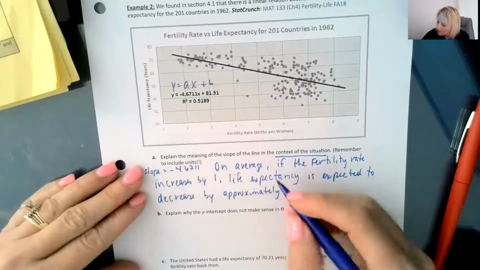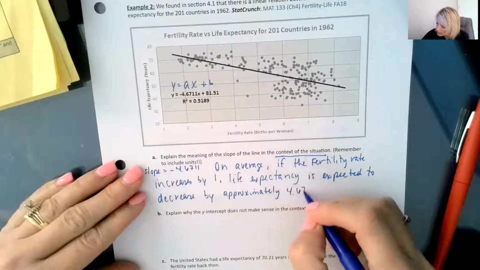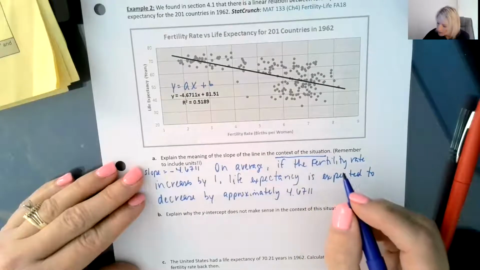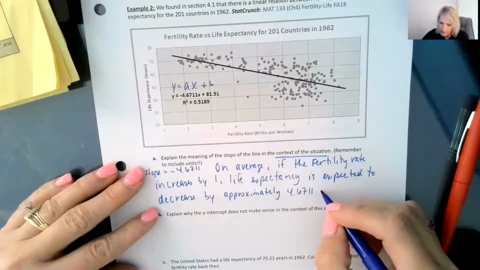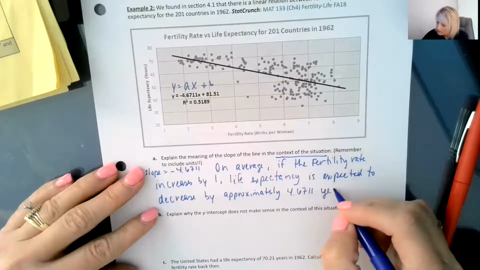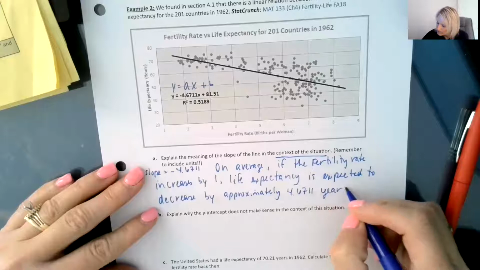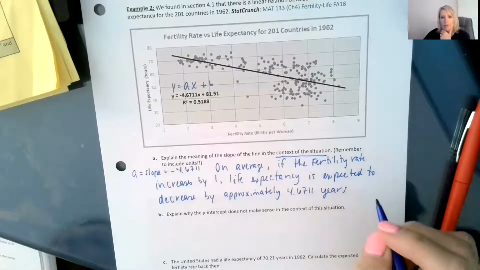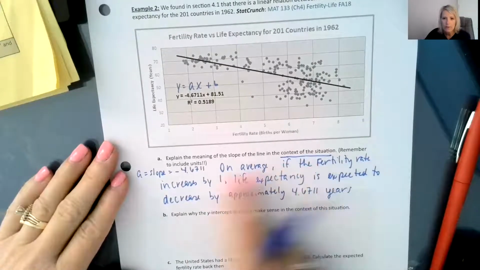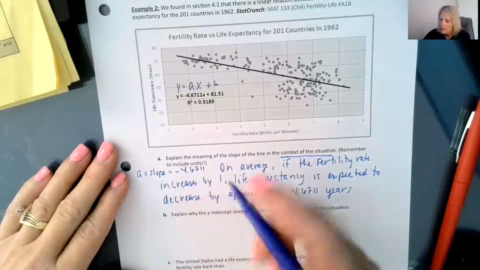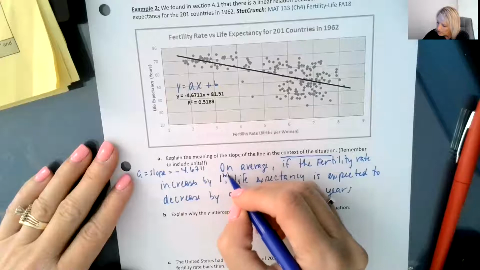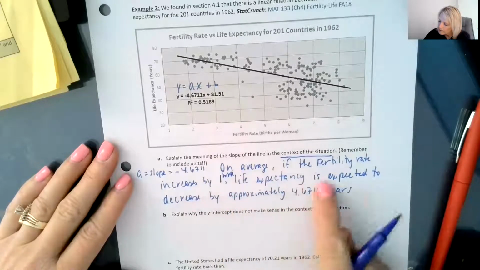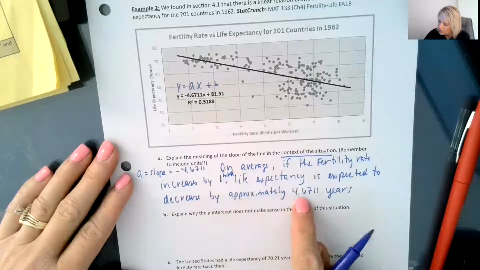We're just going to write 4.6711, and then we have to use units, which is years. So on average, if the fertility rate increases by 1, and we really should have units here, births, life expectancy is expected to decrease by approximately 4.6711 years.